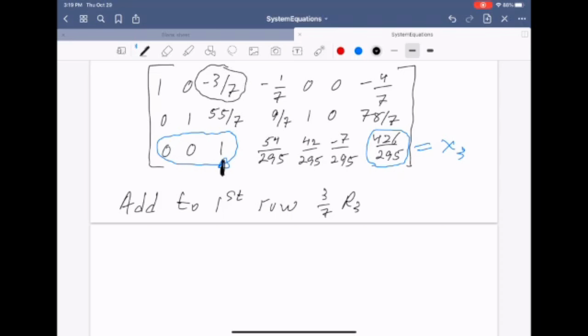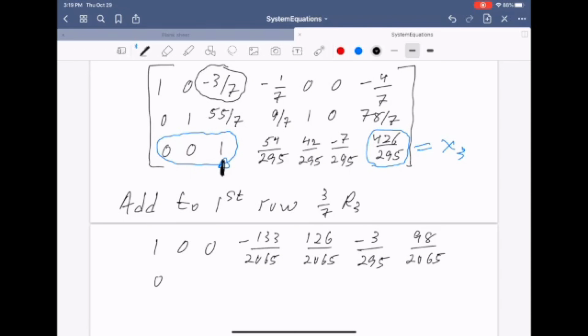So if we do that throughout, we get 1, 0, 0, minus 133 over 2065, 126 over 2065, and minus 3 over 295, and we get 98 over 2065.